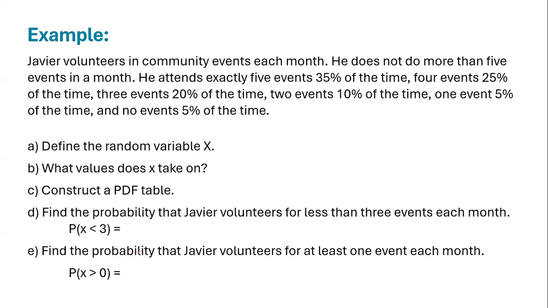Okay, what's the random variable x? X is the number of times that he attends an event each month. So x represents the number of events Javier attends in a month.